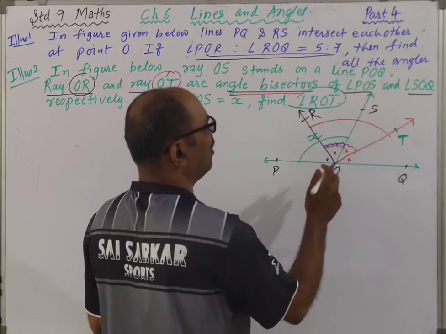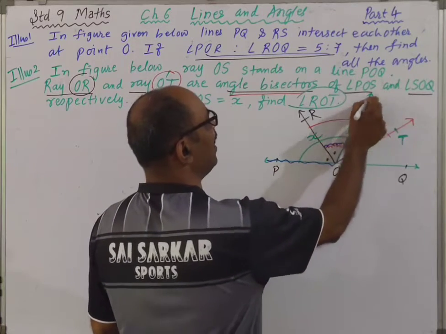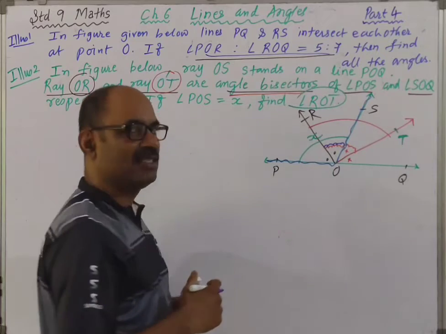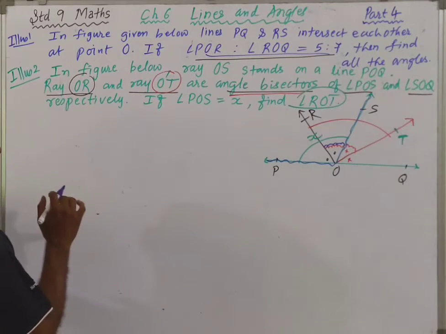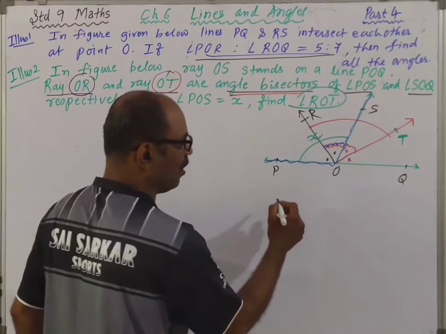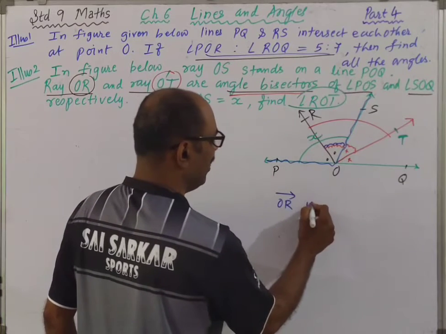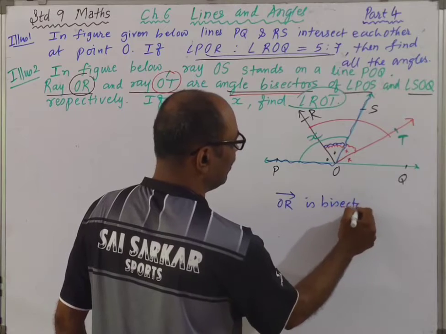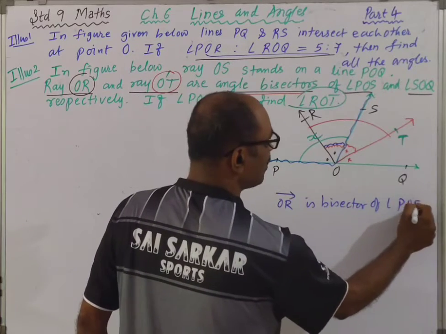You are interested in this. So the measure of this angle is half of this angle. Correct? Because ray OR is the bisector. Are you getting me? So I'll start from here only. Ray OR is the bisector of angle POS.